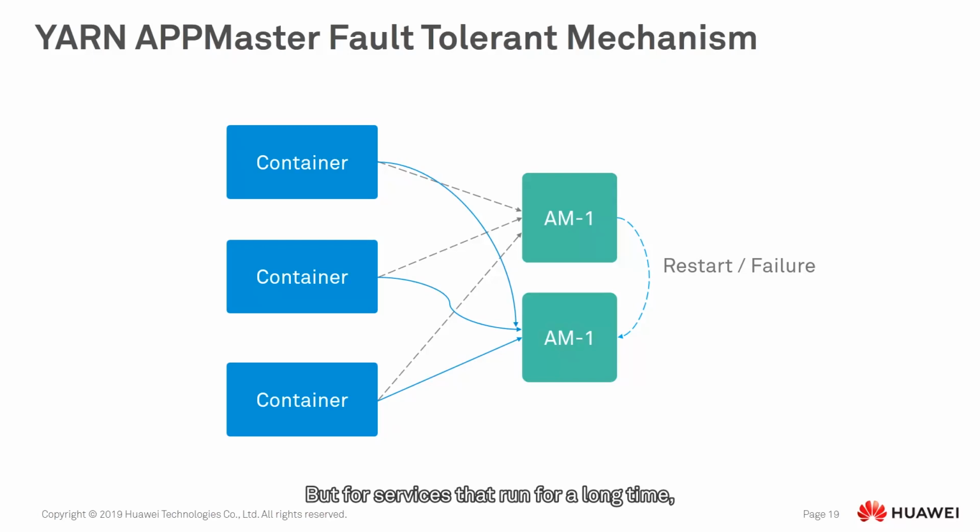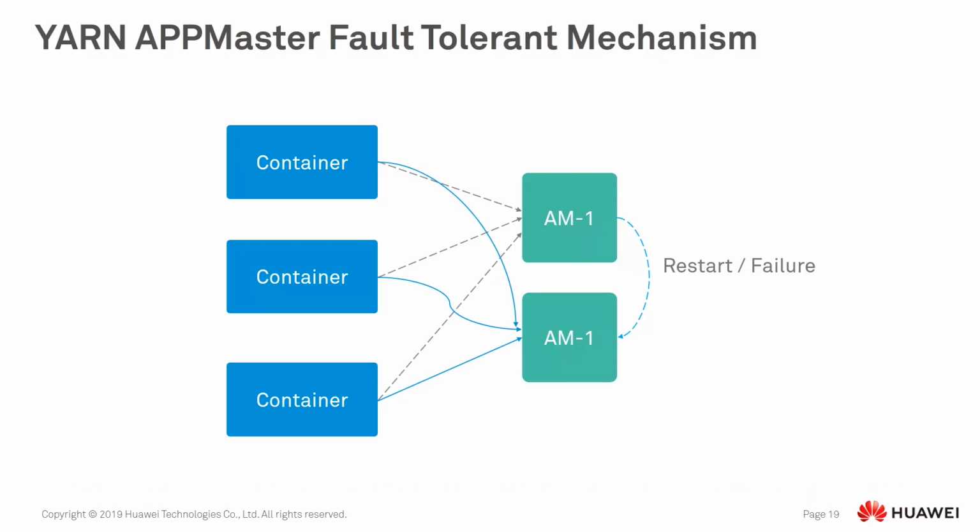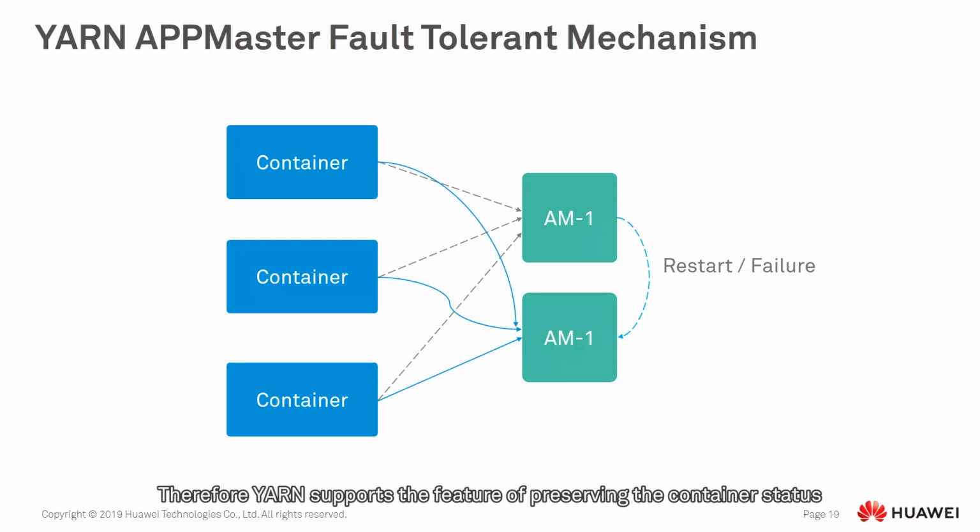But for services that run for a long time, users do not wish the whole service stops because of the failure of an application master. Therefore, Yarn supports the feature of preserving the container status when starting a new application master so that the tasks in these containers can run continuously without any failure.